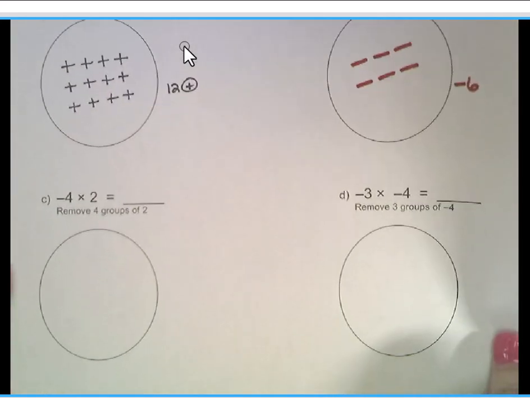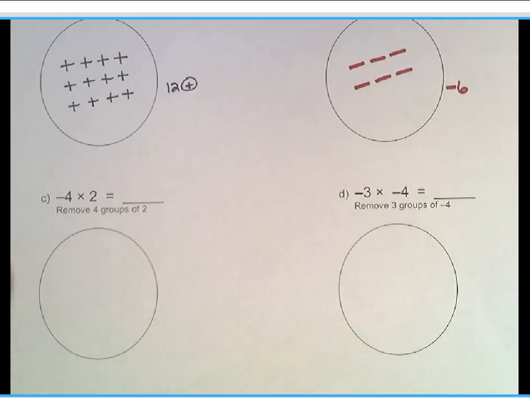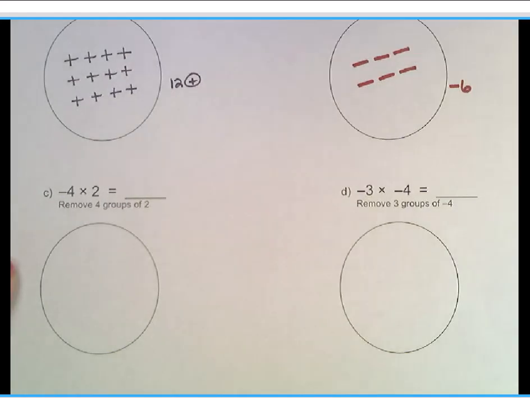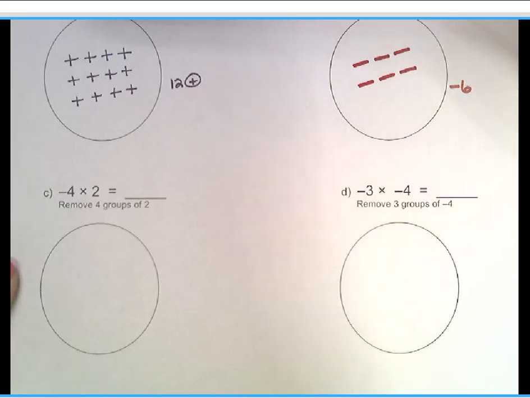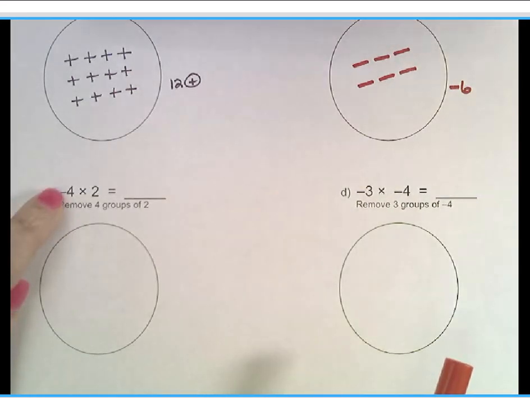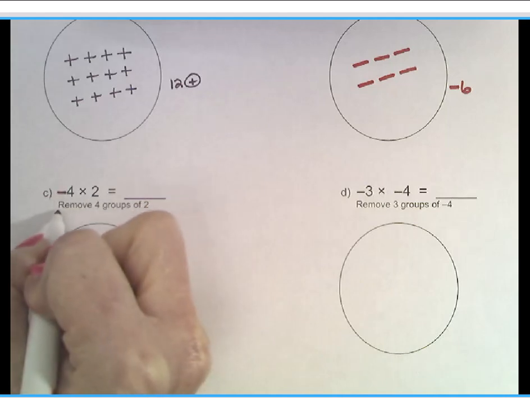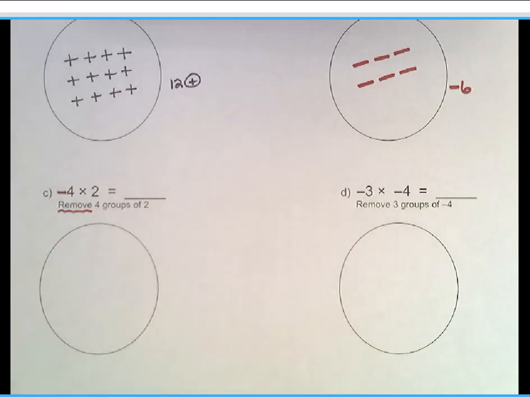So what happens when the negative comes first? Well, if we have negative 4 times 2, that would mean remove 4 groups of 2. So this negative at the front would mean remove. Well, how do I remove 4 groups of 2 when I have nothing in my circle?